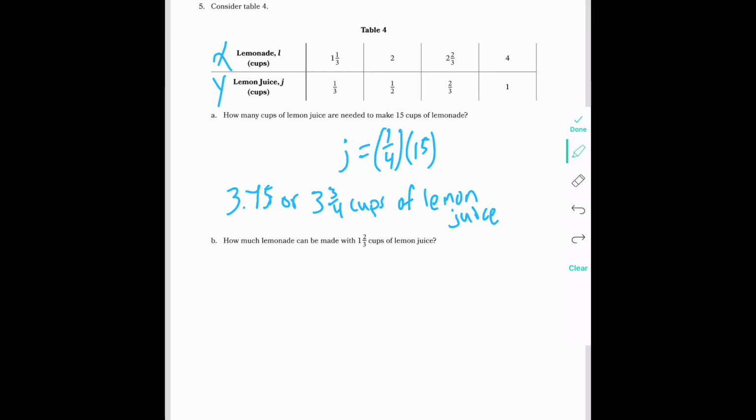All right, so now we have lemon juice versus lemonade cups. So that would be 1 2/3 is equal to 1/4. It's constant, it's always in the equation.